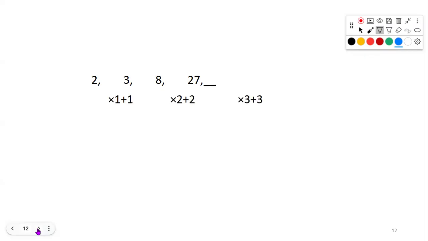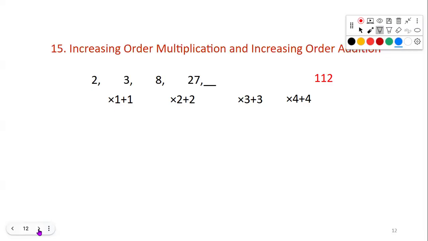Into 1 plus 1, into 2 plus 2, into 3 plus 3. So into 4 plus 4, your answer is 1 1. Sai Varun, Varshini, Harish. Increasing order of multiplication and increasing order of addition also. Try this one.